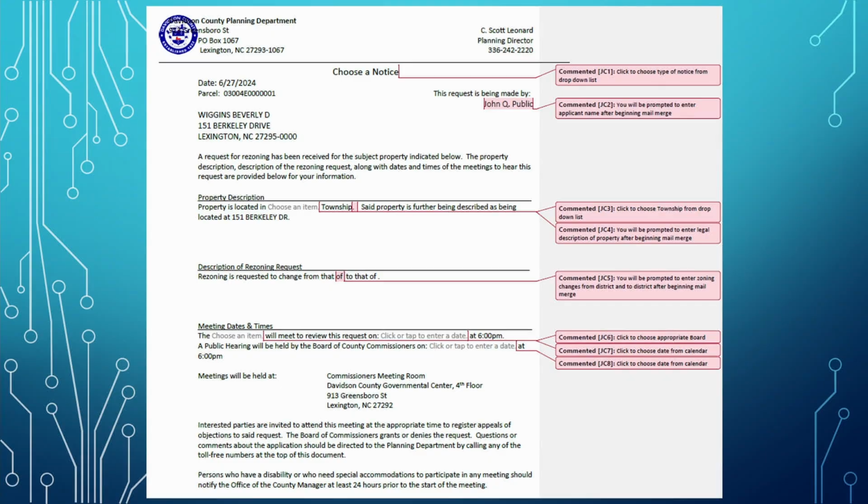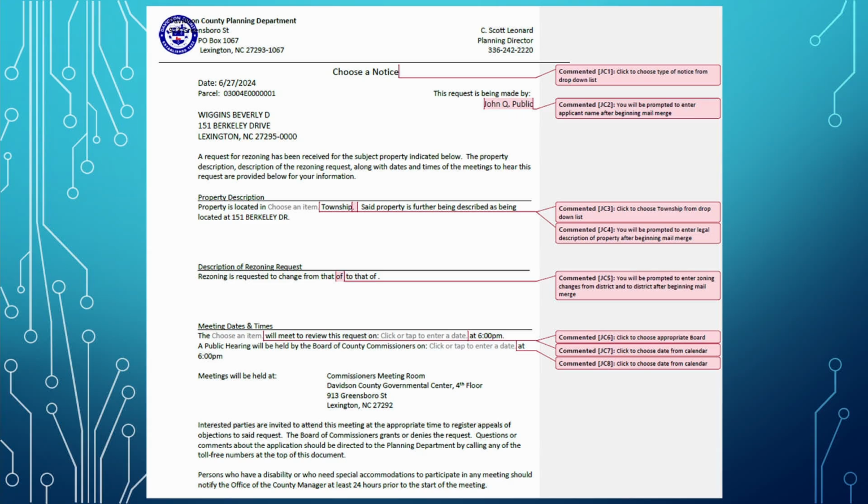Another part of this, again, not wanting to get much into the weeds on this piece of it, but in this case, utilizing Microsoft Office and the form letters. So as they go through the mail merge, some of the things where you see choose a notice, choose an item, or click to enter a date, all those are things that they will choose at the very beginning on the form letter. They're drop downs or date pickers that we built in.